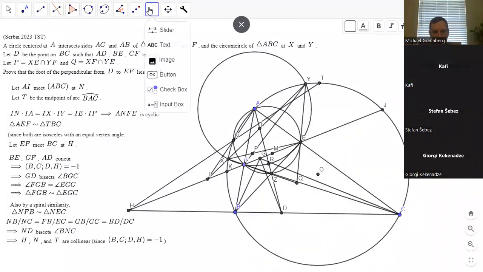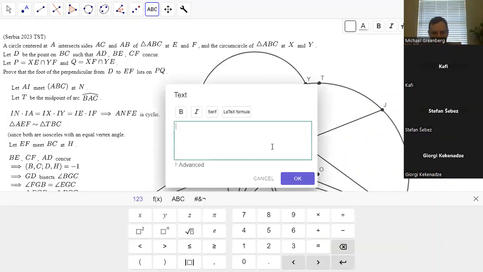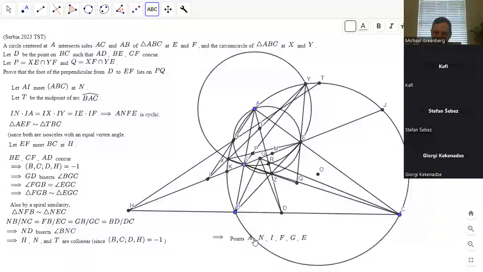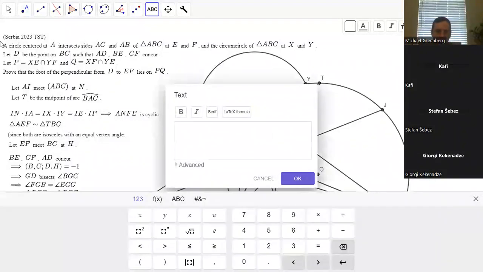Okay, so GE, is that right? ANIFGE corresponds to TNHBDC.